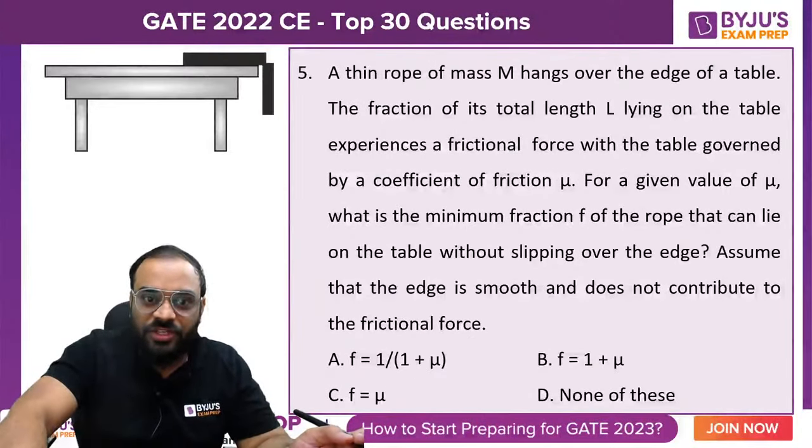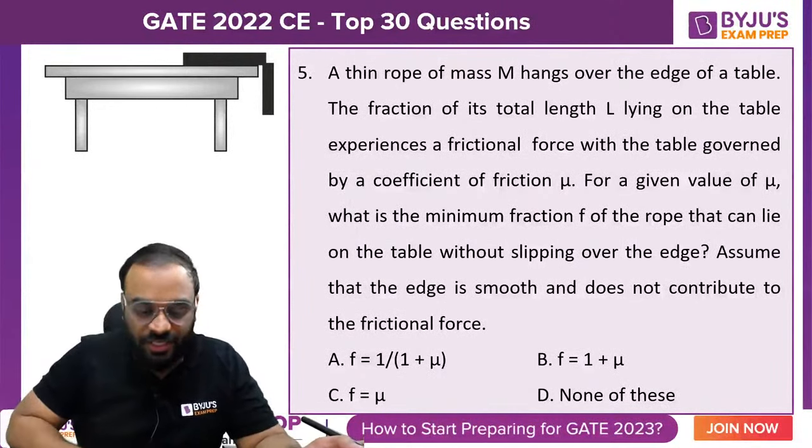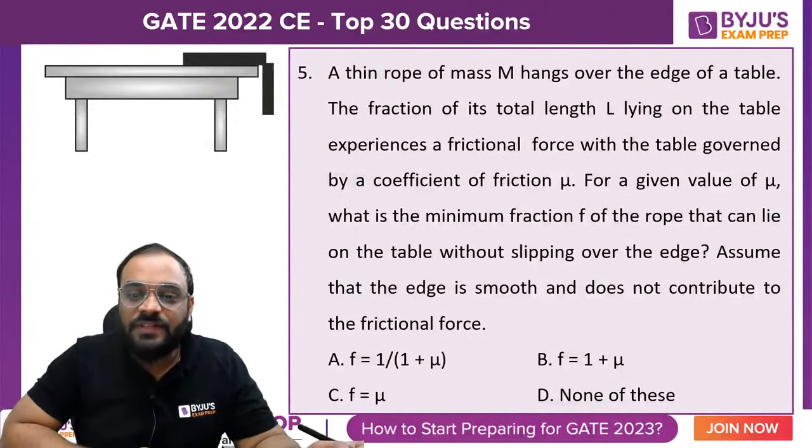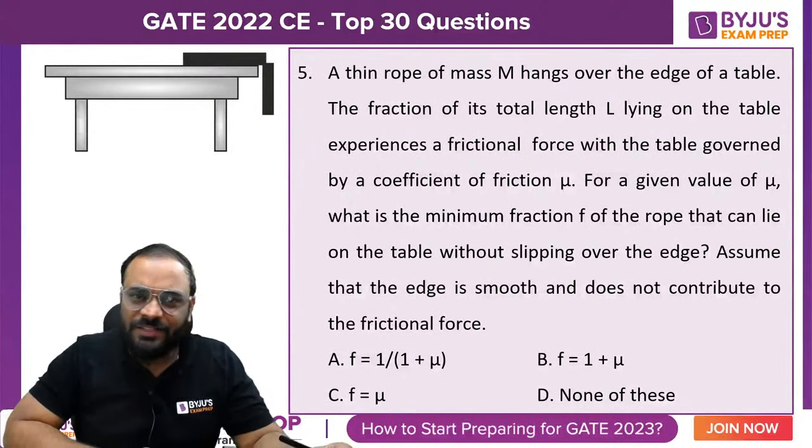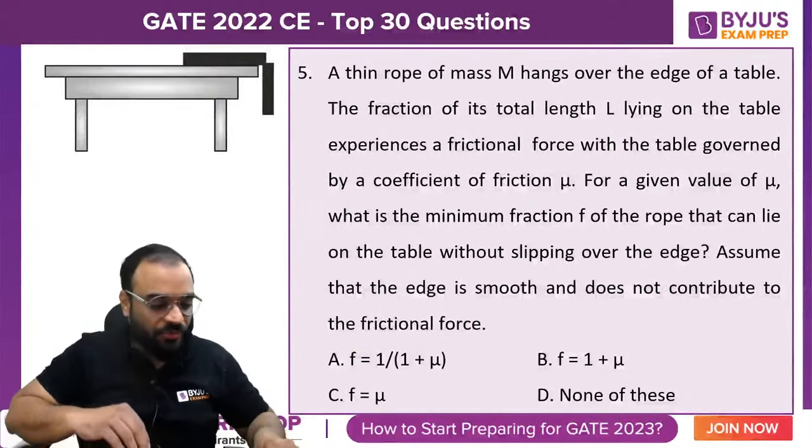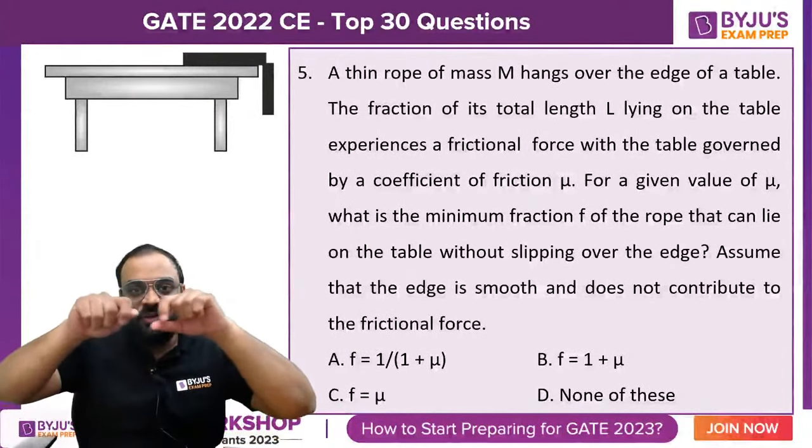Question number 5. Come to the next question, guys. In this case, you need to find out the minimum fraction of the rope that can lie on the table without slipping over the edge. So just imagine, guys, if you have a table in your home, you take a rope.